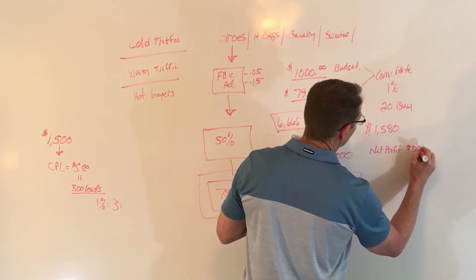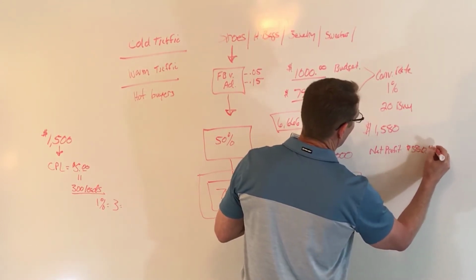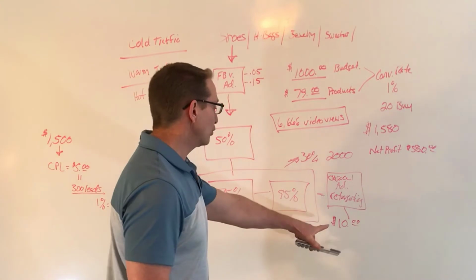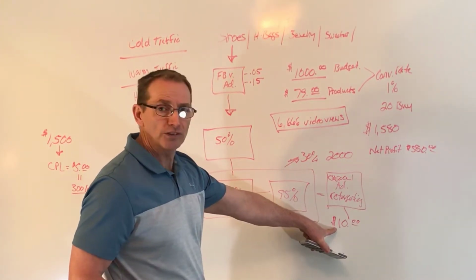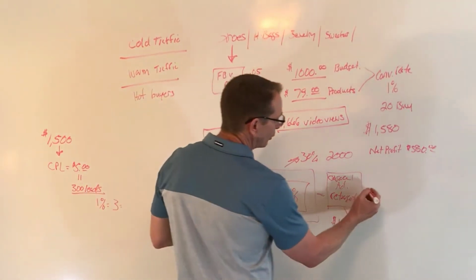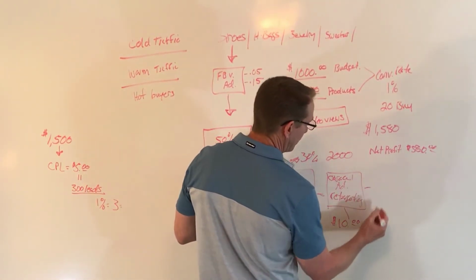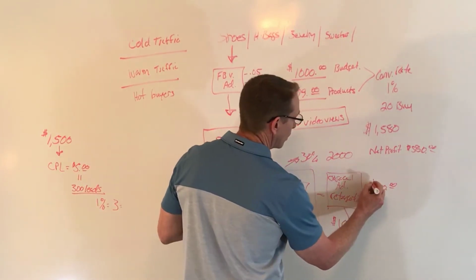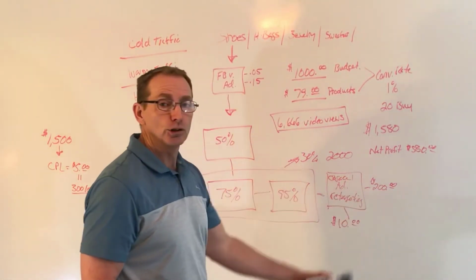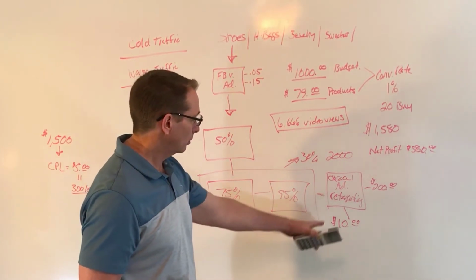But you're still retargeting people here with $10 a day. Now you can run this for 20 days and spend another $200 and still be profitable, right? And you should get more sales.